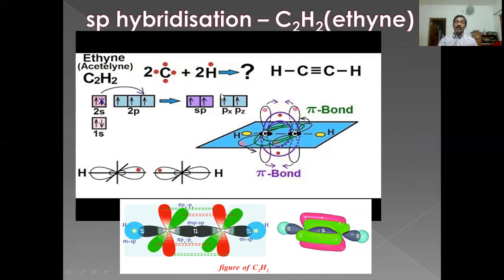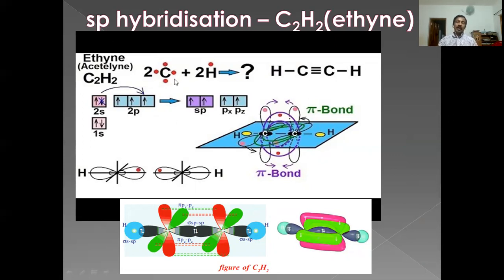But here there is a problem. In the unhybridized p orbitals, there are unpaired electrons, so these p orbitals also can take part in bond formation. These hybrid orbitals and also unhybridized p orbitals are present.